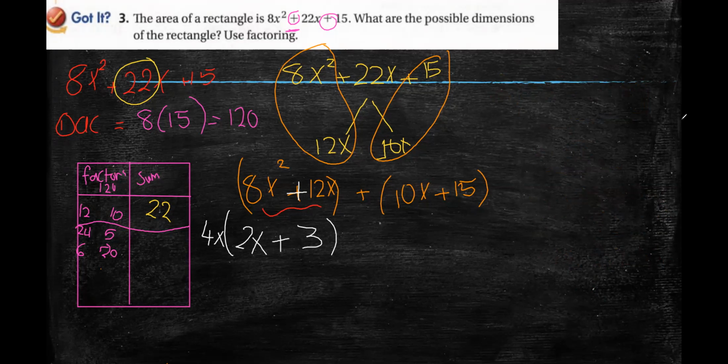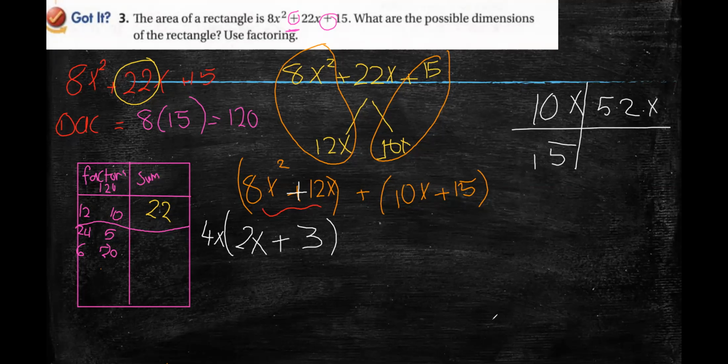Now let's find the GCF for the second bracket. Here we have 10x and 15. The factors of 10x are 5 times 2x, and for 15 they are 5 times 3. The GCF here is only 5.